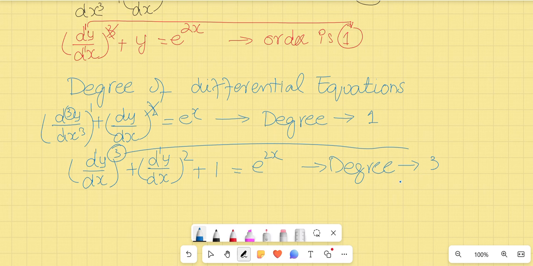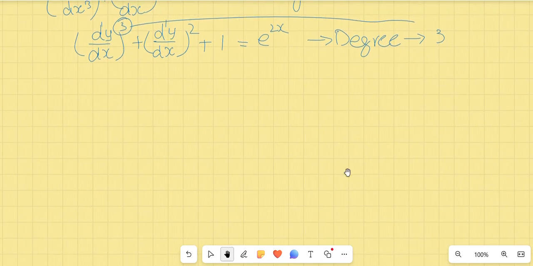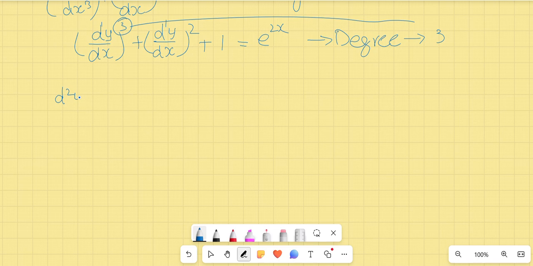All right. So let's take other examples. Let's say we have an equation d squared y over dx squared plus sine of dy by dx equals 0.